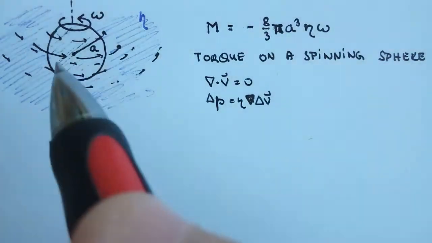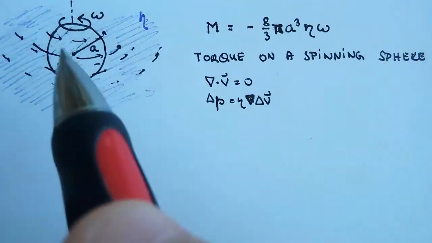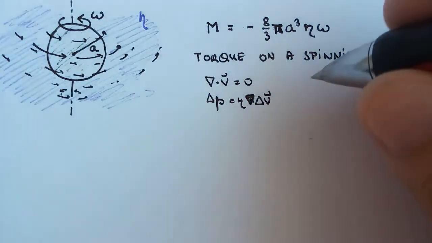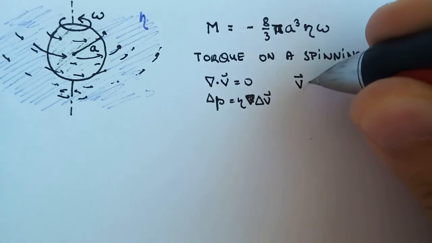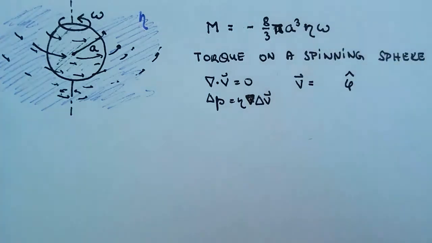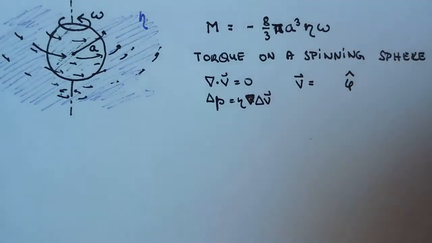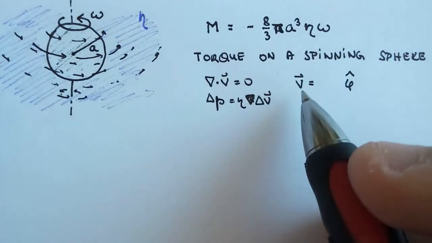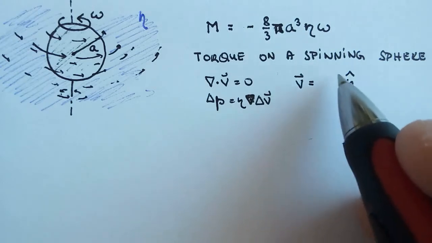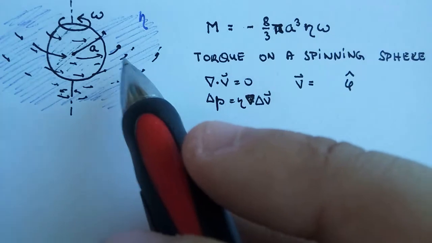Let us assume we know from the symmetry of the problem that the fluid moving around the sphere is rotating, so the velocity should be proportional to the phi unit vector. Also, the velocity magnitude should be a function only of rho and r.